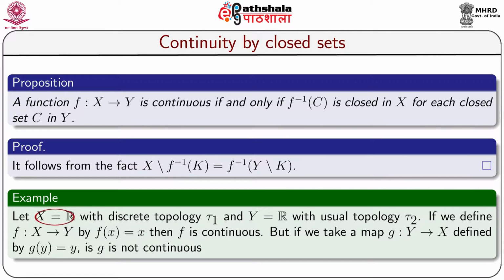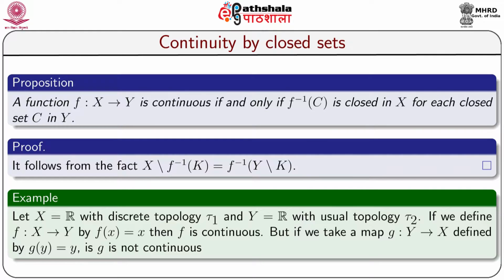Let us see the following example. Let X be R with discrete topology tau 1 and Y be R with the usual topology. If we define a function f from X to Y by f(x) equals x, then what happens? In fact, this is the identity mapping from R to R. So, from discrete topology to usual topology, it is continuous.